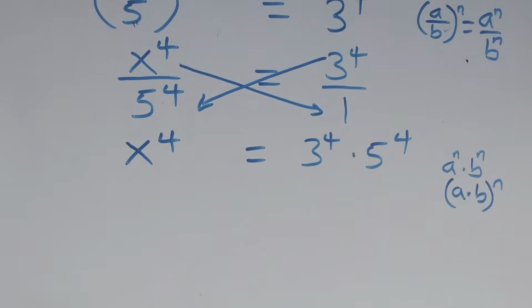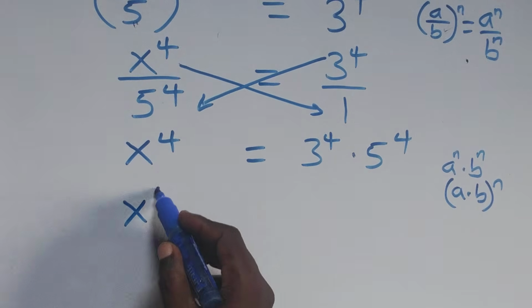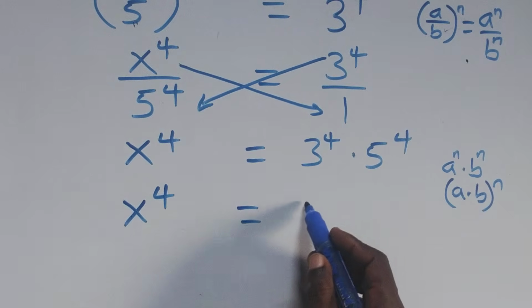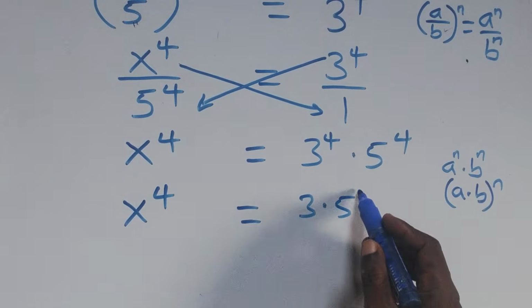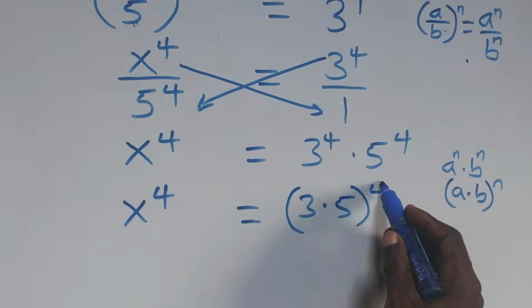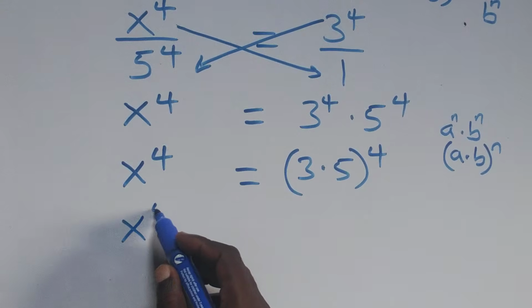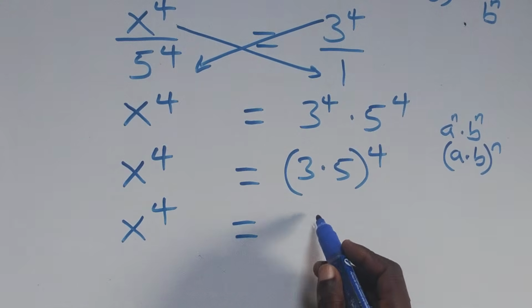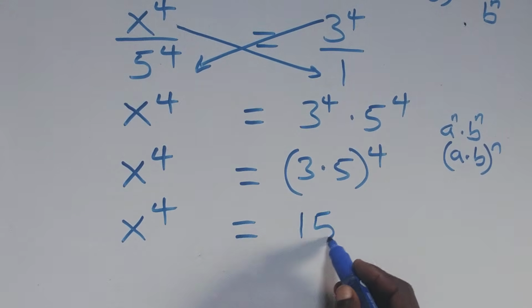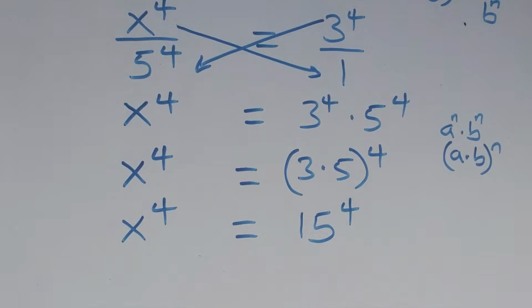So this equation becomes x raised to power 4 equals (3 times 5) all raised to power 4. That is, x raised to power 4 equals 15 raised to power 4.